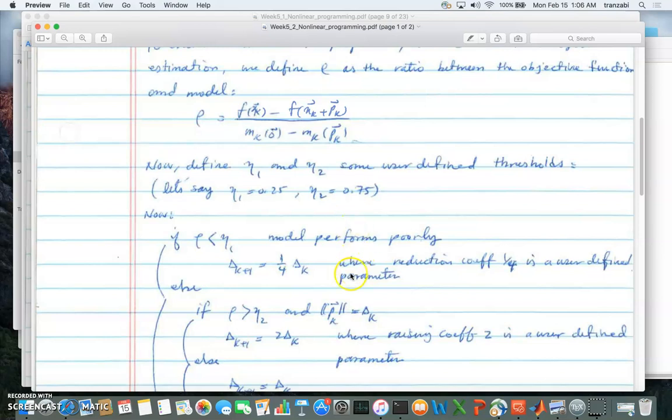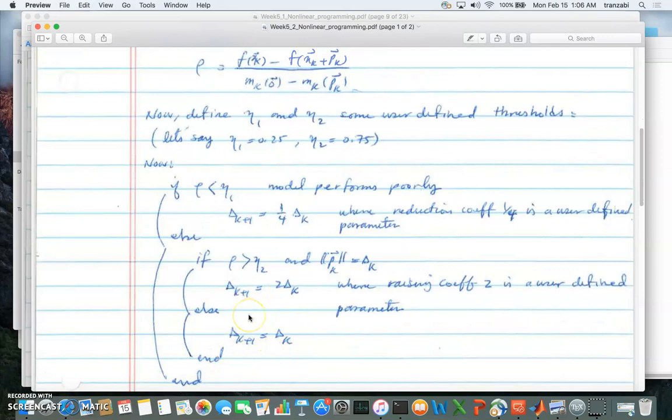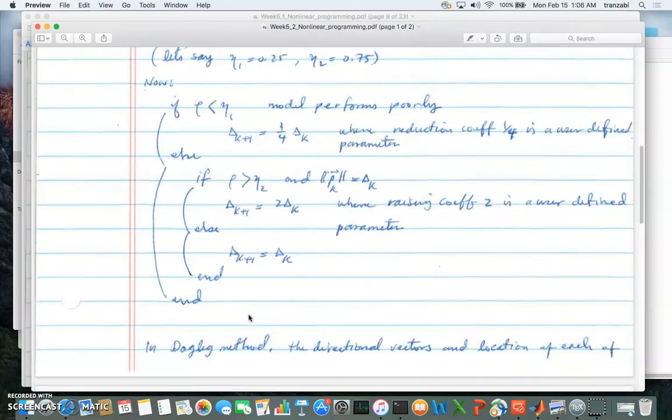So we're going to basically double the step size. So this 1/4 and 2 are again user-defined parameters as mentioned here and here. So this is where we reduce the step size if the ratio is less than this, and here is where we increase the step size if the ratio is bigger than the second number here. If none of these happens, then we're going to keep the step size as before. So we're not going to change the step size.